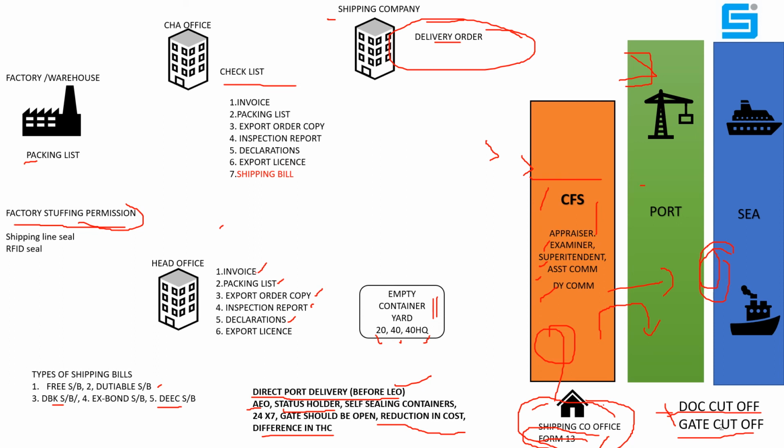This gate is mostly closed, and it is opened for container movement as per the vessel schedule. It means they will not take all the containers inside because of limitations of space, right? They will take the containers whose vessel is taking berth in 2 or 4 days. Within 2 or 4 days means containers of upcoming vessels will be allowed.